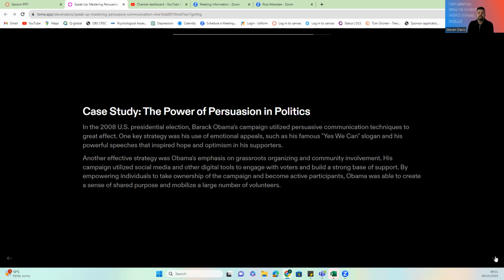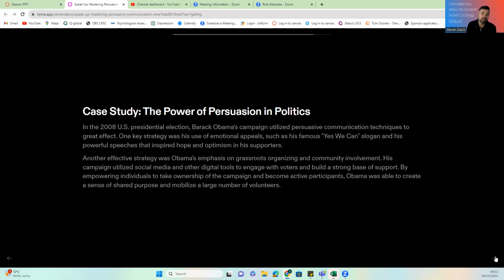Another case study looks at the persuasion of politics. In the 2008 US presidential election, Barack Obama's campaign utilized persuasive communication techniques to great effect. One key strategy was his use of emotional appeals, such as his famous "Yes, we can" slogan and his powerful speeches that inspired hope and optimism in his supporters. Another effective strategy was Obama's emphasis on grassroots organization and community involvement.